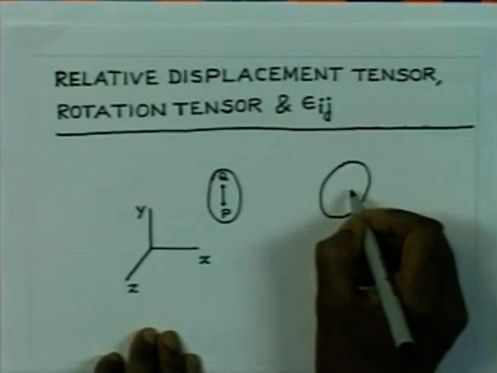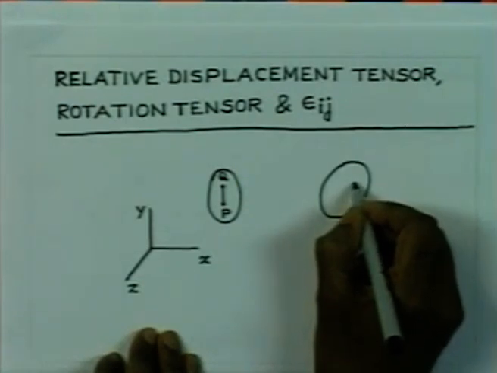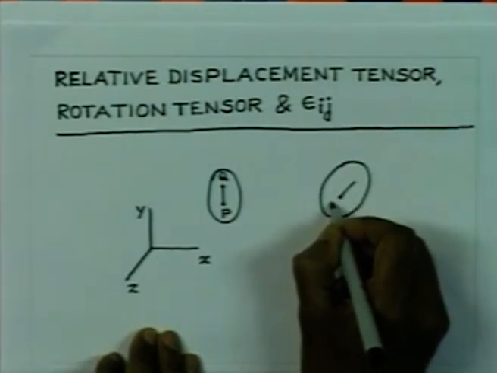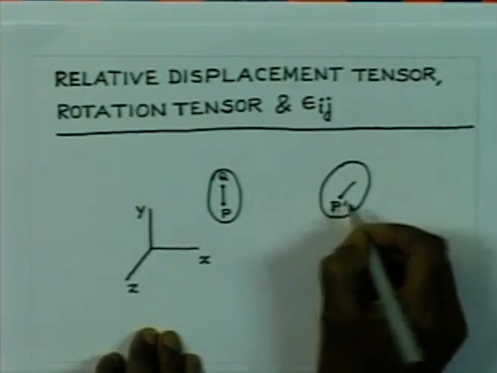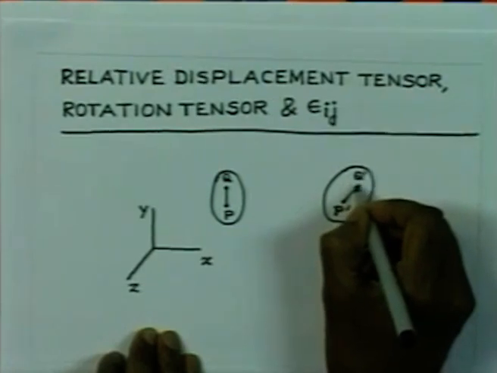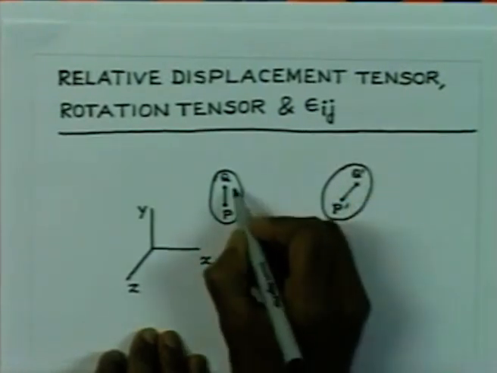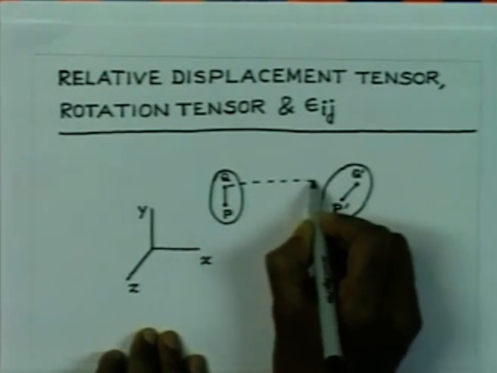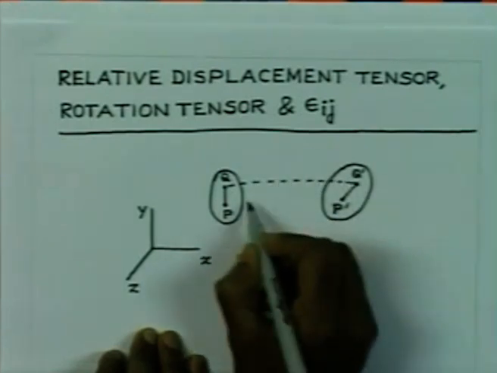Now, as it moves to the position that we have shown there, it might take up the orientation given by P dash and Q dash. So, the point has moved in space like this.